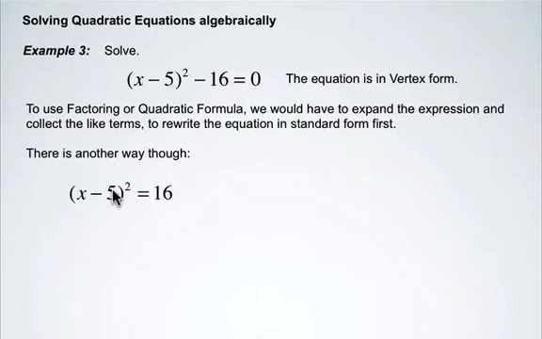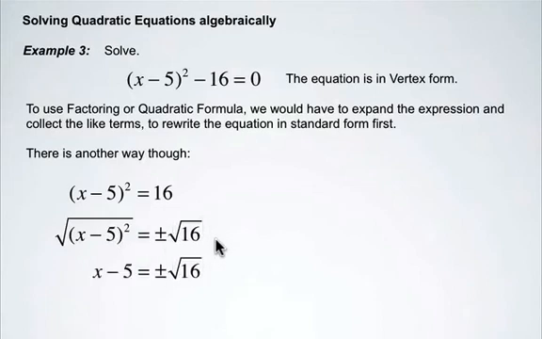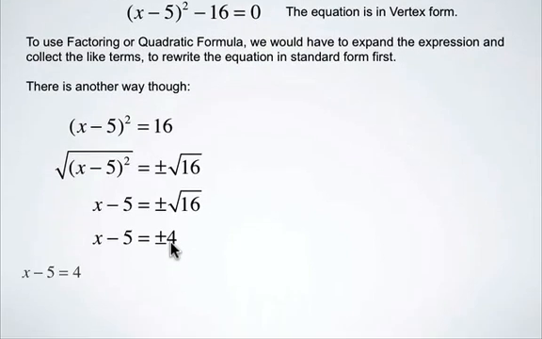x minus 5 squared is equal to 16. So the square root of x minus 5 squared is equal to plus or minus the square root of 16. So x minus 5 is equal to plus or minus 4.